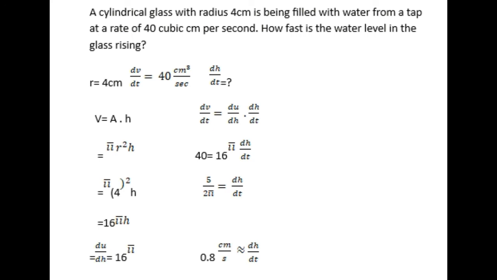So first, we will find our dV over dH because our formula is dV over dt equals dV over dH times dH over dt.